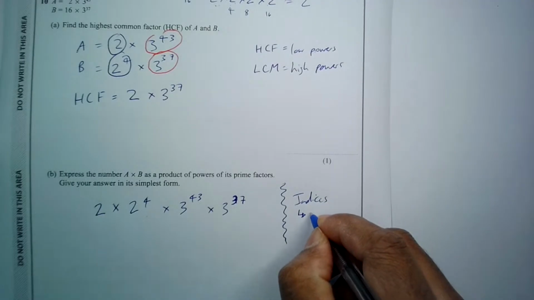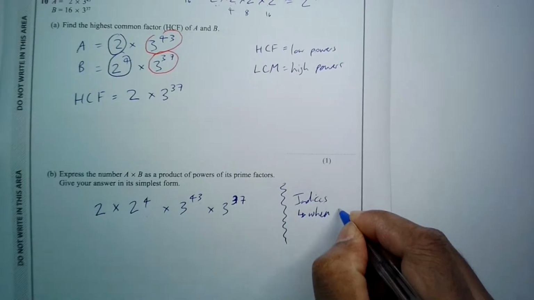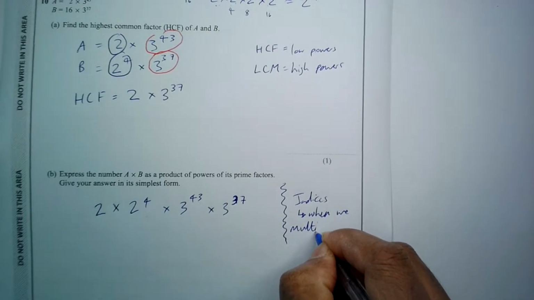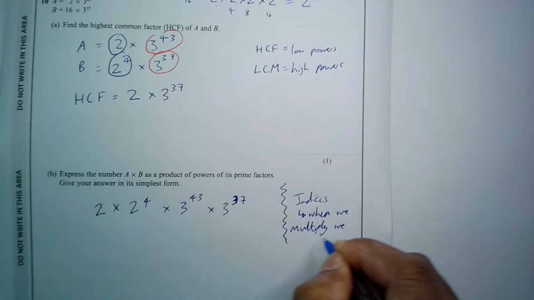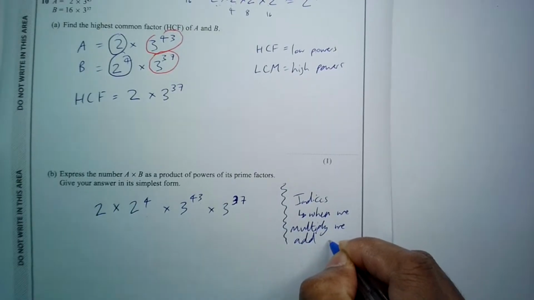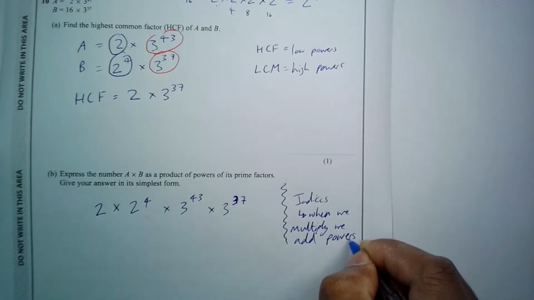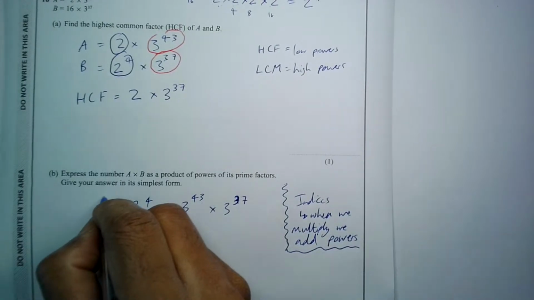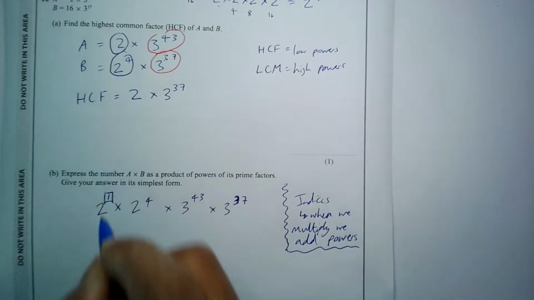Now, when we are multiplying indices, we add the powers. This has got an invisible 1 here.